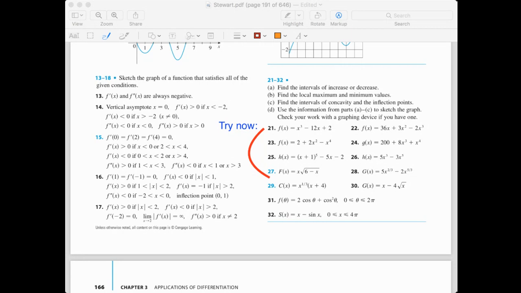So Emily 21, Ursa 23. I have 21, 23, and 2 more questions, 25 and 27. Let's wait a little bit. But do get yourself ready if you want to present.